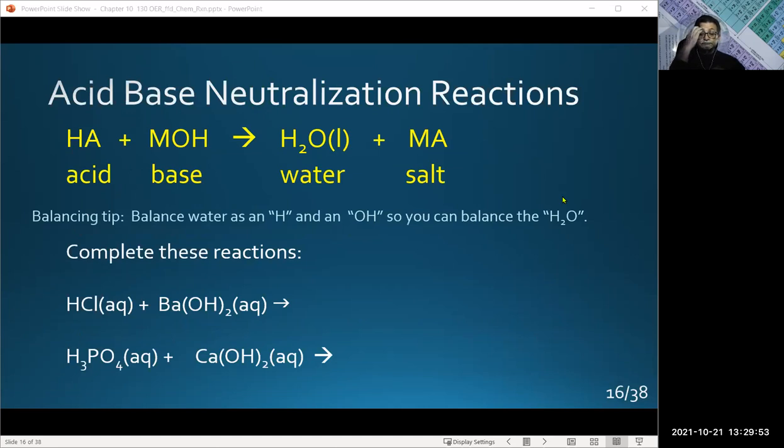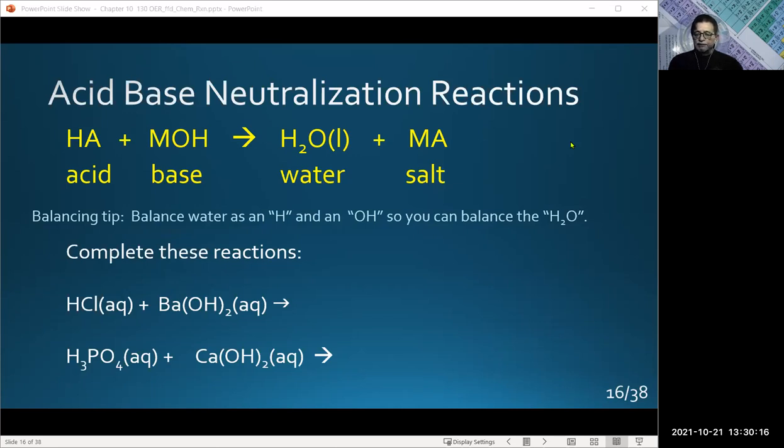All right. Acid-base reactions, we had talked about this when we discussed acid-base reactions. And this general formula should look familiar. We have HA, which is a general acid, and MOH, which is a general base.